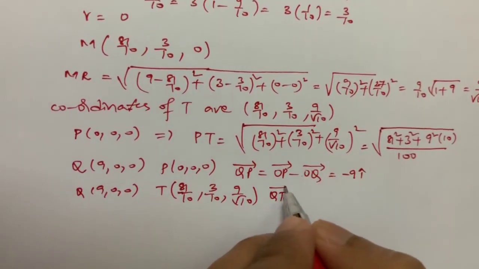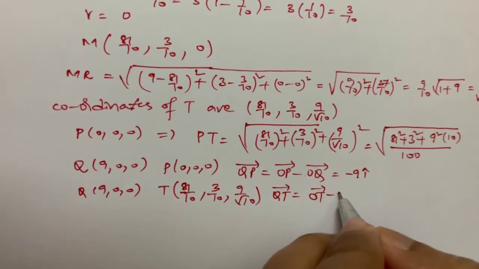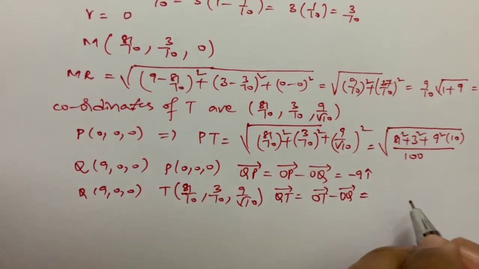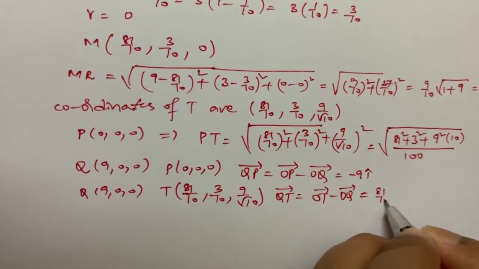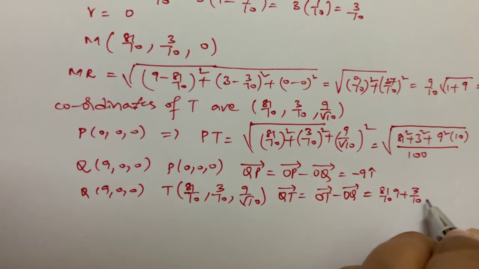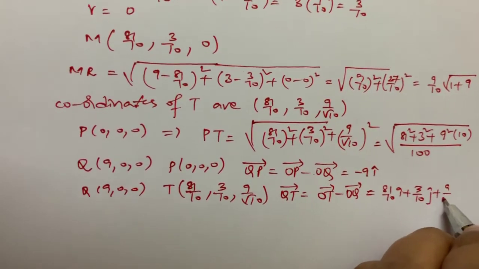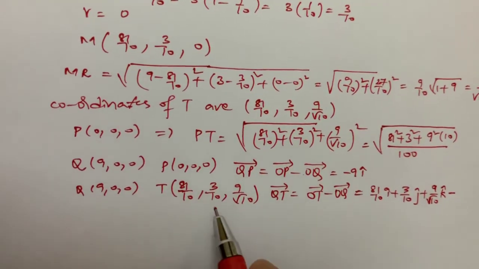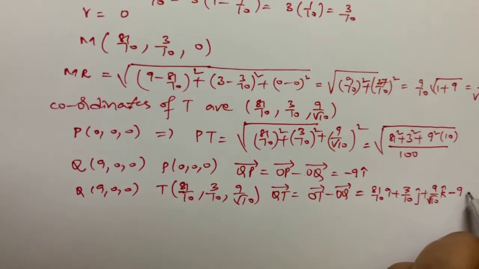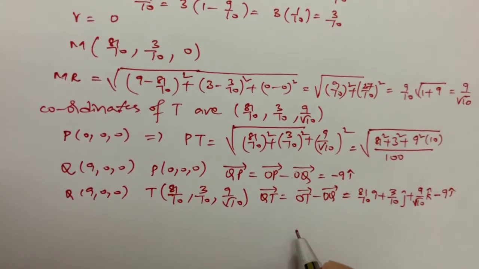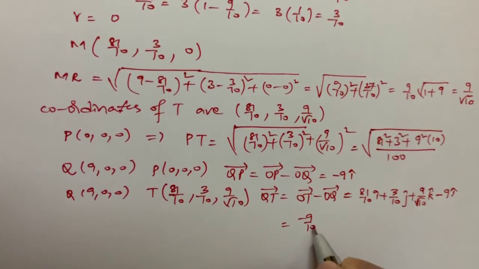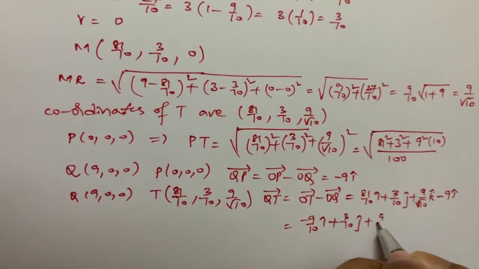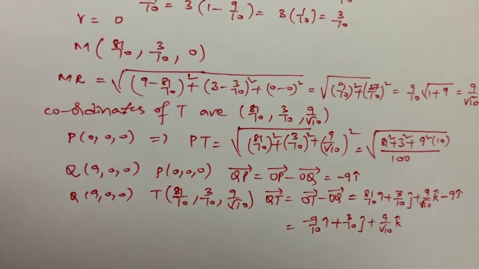So QT bar is equal to OT bar minus OQ bar, which is 81 by 10 i plus 3 by 10 j plus 9 by root 10 k minus 9i. So it is minus 9 by 10 i plus 3 by 10 j plus 9 by root 10 k cap.